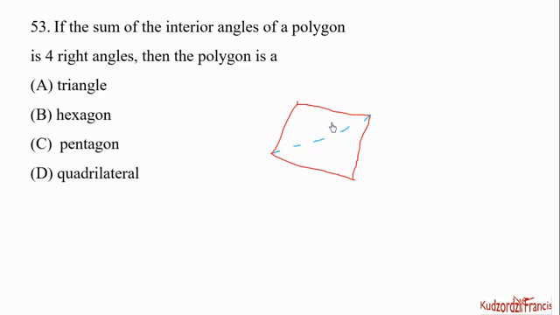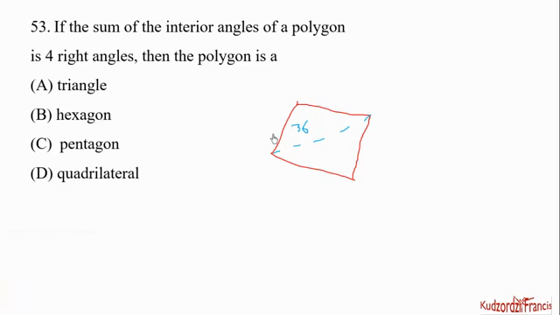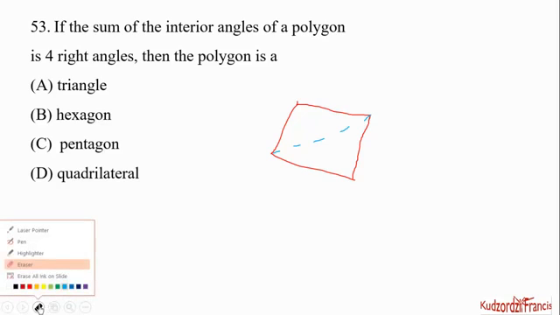This is the only way we can divide it into triangles. So we have this being equal to half of 360, which is 180. So a triangle has its angles summing to 180 degrees.